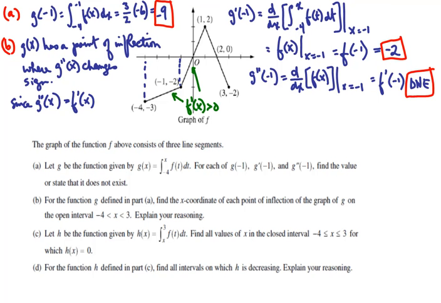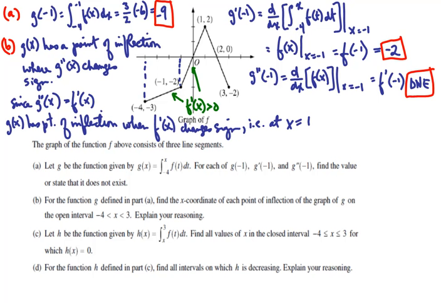We can see that from -4 all the way up to +1, the slopes are positive. Only at x equals 1 does the slope change sign. So since g prime prime of x is f prime of x, g of x has a point of inflection when f prime of x changes sign, and that only occurs at x equals 1.